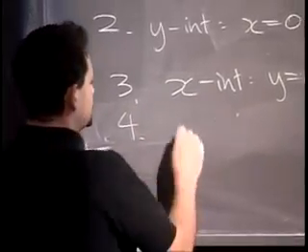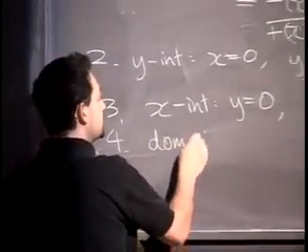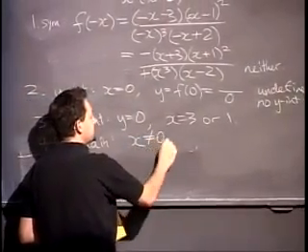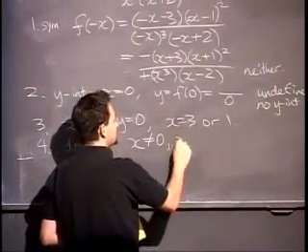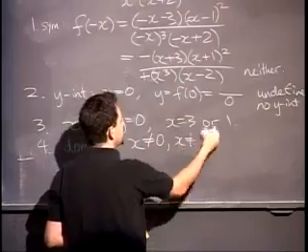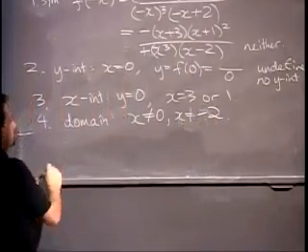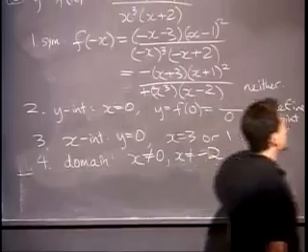How about the domain? Well, again, it's only bad when the denominator vanishes. So it's everything except x is 0 or x equals negative 2. Maybe I'll come over here and do step 5.